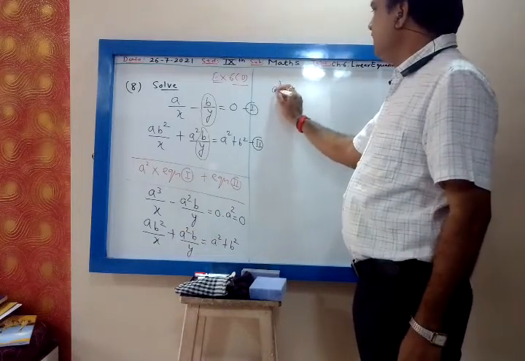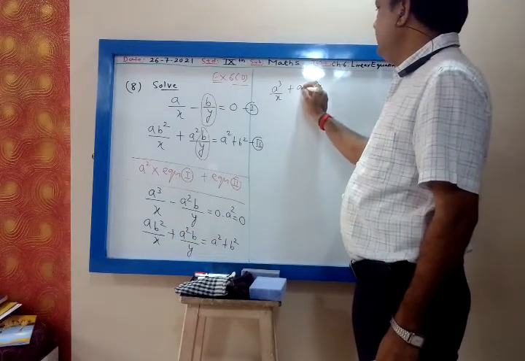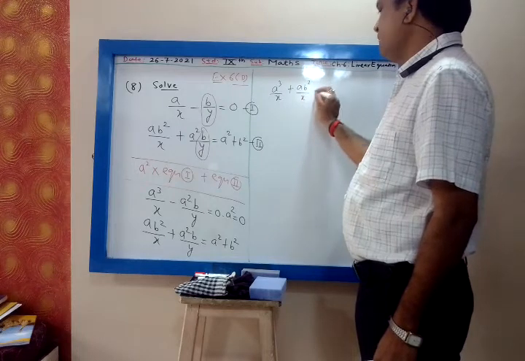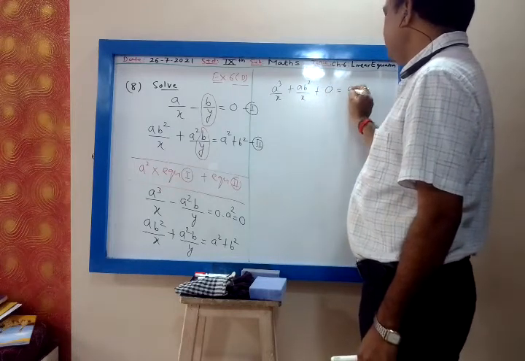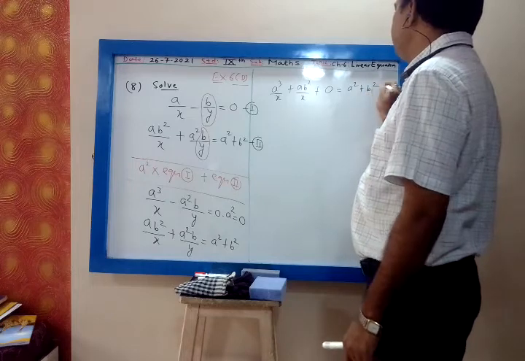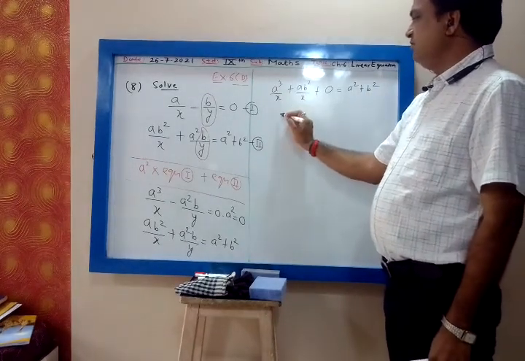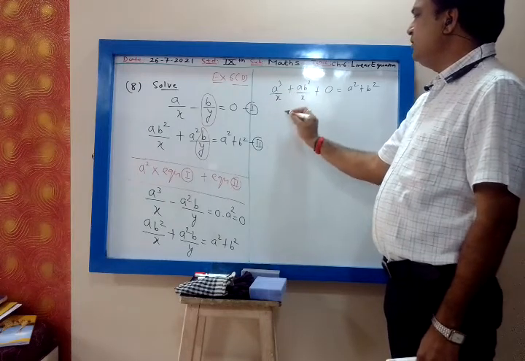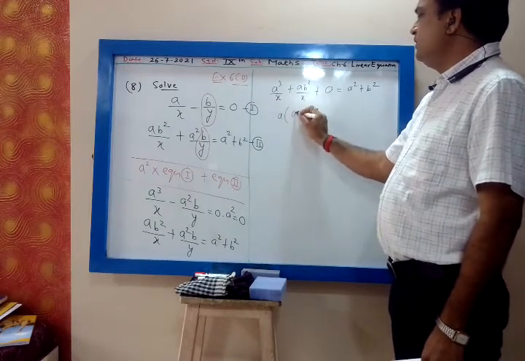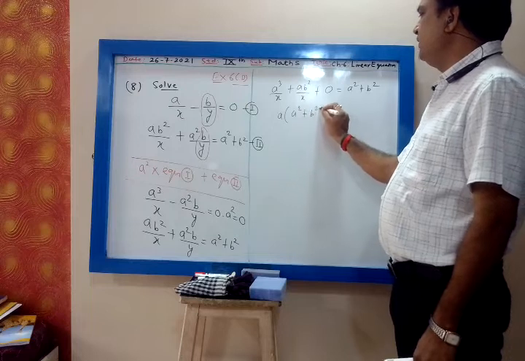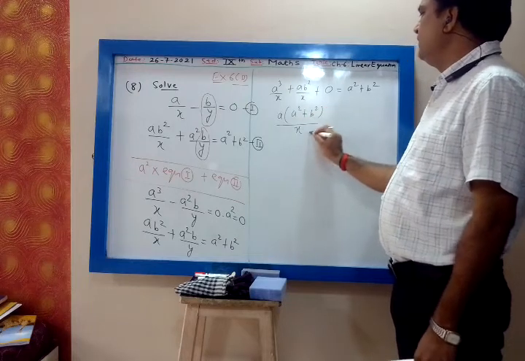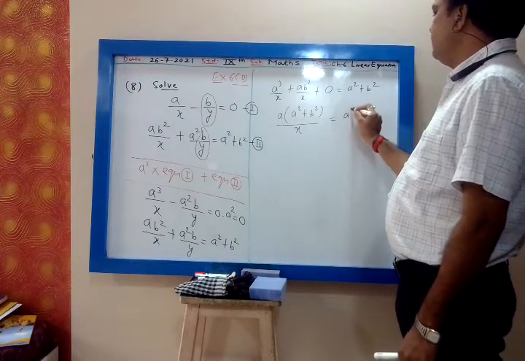You will get a cube by x plus ab square by x plus 0 is equal to 0 plus a square b square will be a square plus b square. Now in this, what is common? A cube and ab square, what is common? A is common. So it is a, a square plus b square upon x is equal to a square plus b square.